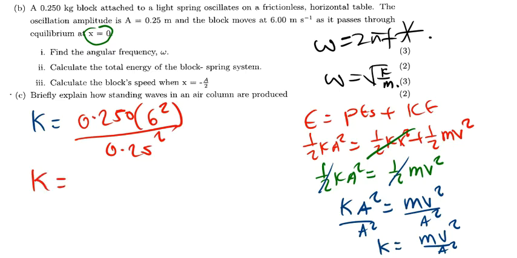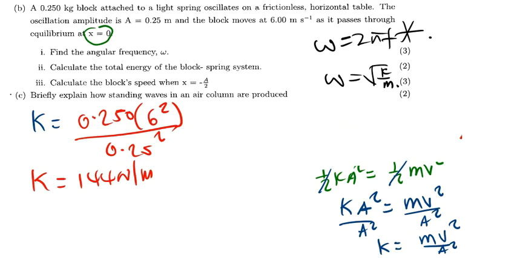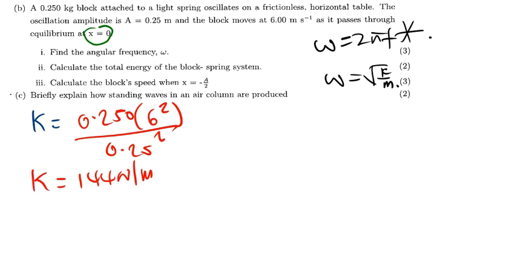So our k value will be 0.250 times 6 squared. I divide this by 0.25 squared. I'm getting 144. So 144 newtons per meter is my k value. Now that I have my k value, I believe I can use the second equation to find the angular frequency.